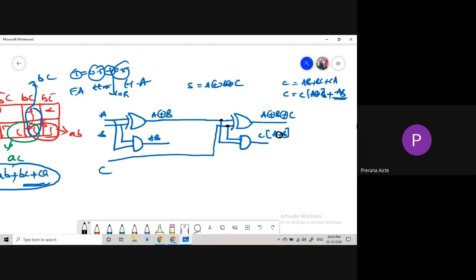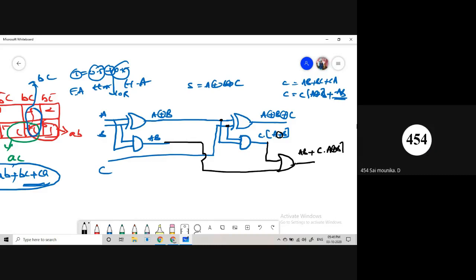Here we are using two half adders, and the remaining gate is the OR gate. The OR gate gives AB plus C into A XOR B. Is it okay?